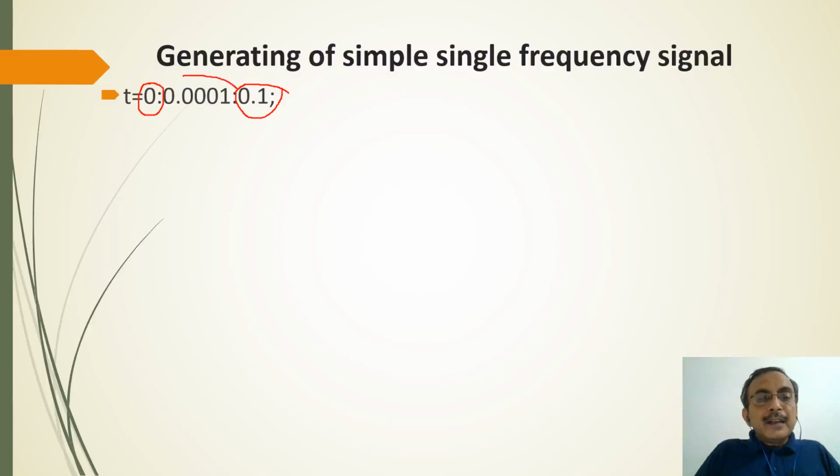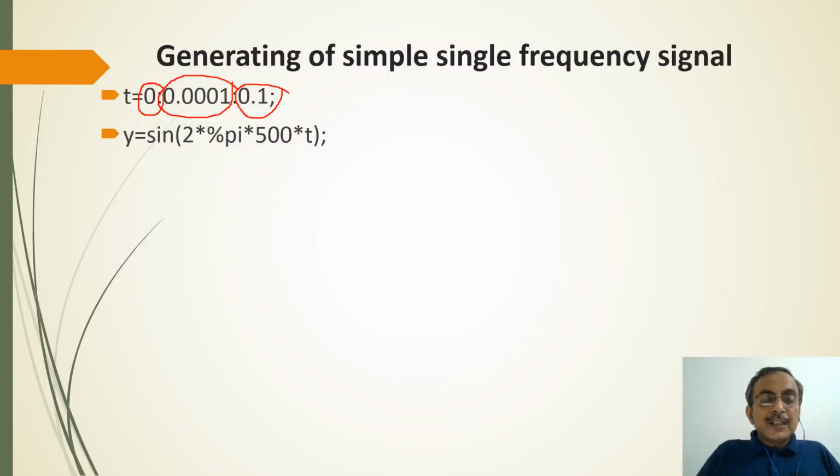And this is the increment shown, that is, the time increment between the subsequent samples that we have. So this is the first command line that we have to give.